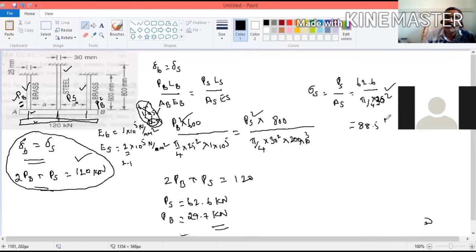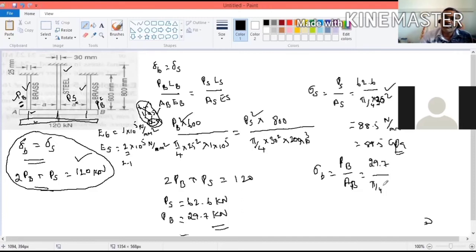Now sigma B, brass, is PB divided by AB. What is the load? 29.7 divided by pi by 4 25 square. This will give the value. This is 58.5 gigapascal or Newton per millimeter square.